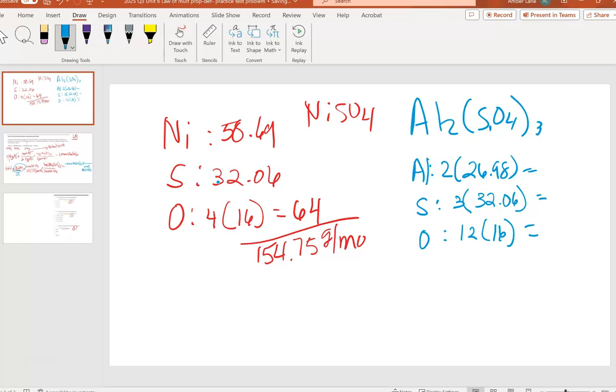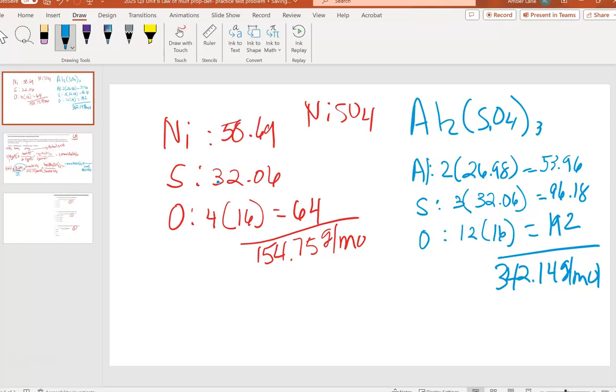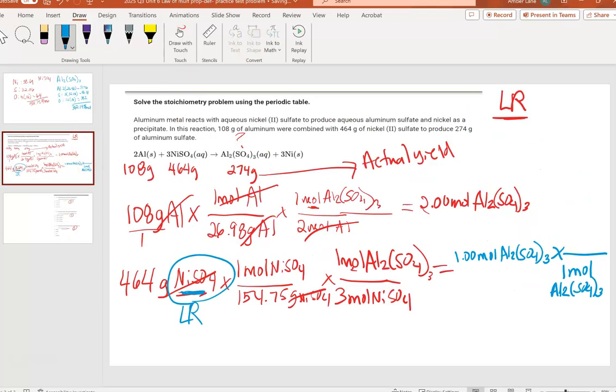I'm going to do all this math. 26.98 times 2 is 53.96. 3 times 32.06 is 96.18. And 12 times 16 is 192. I'm going to add those together. 53.96 plus 96.18 plus 192 gives me 342.14 grams per mole.